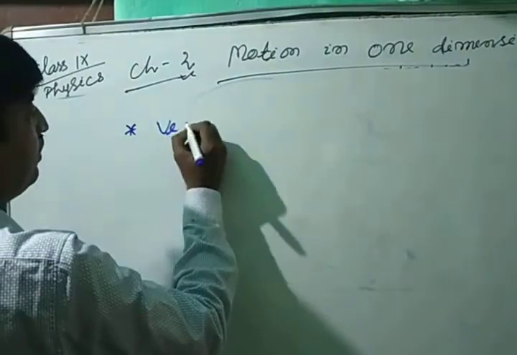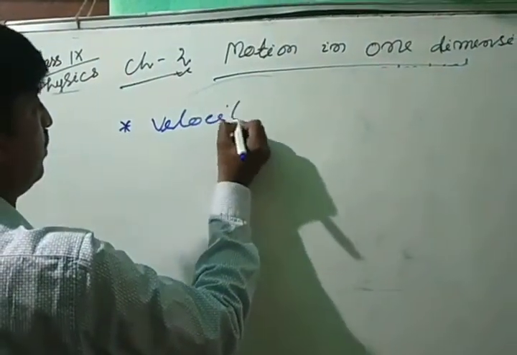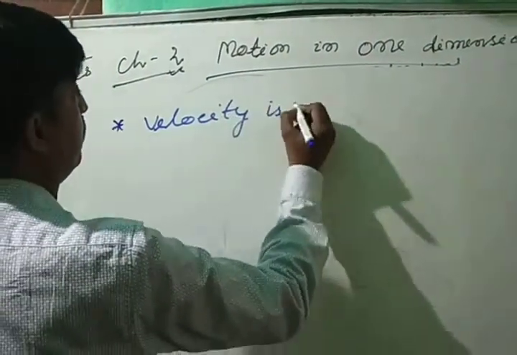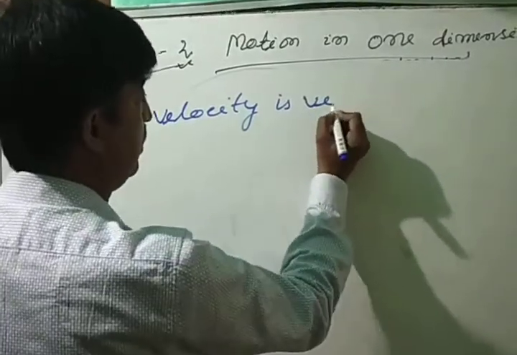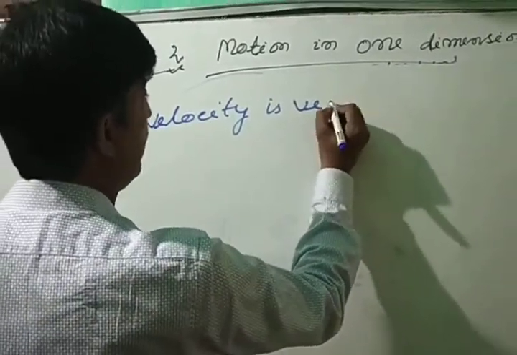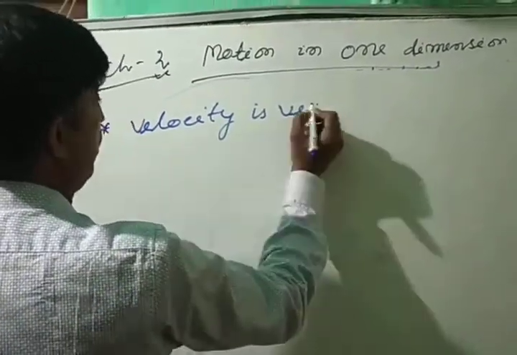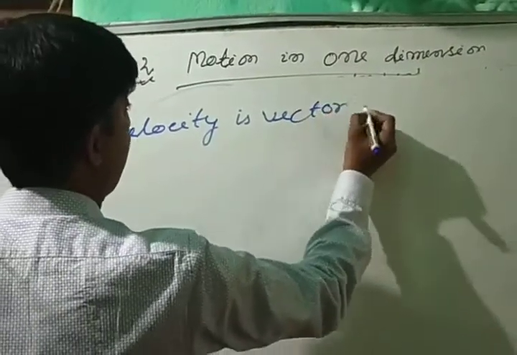Vector quantity. Velocity is a vector quantity because it has magnitude as well as direction. So velocity is a vector quantity.